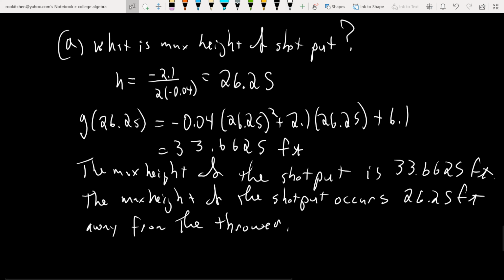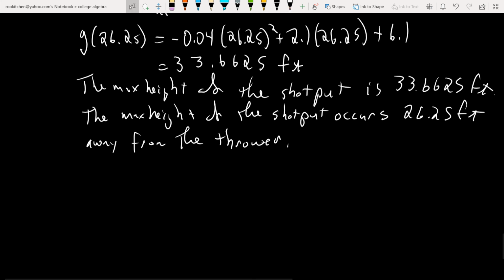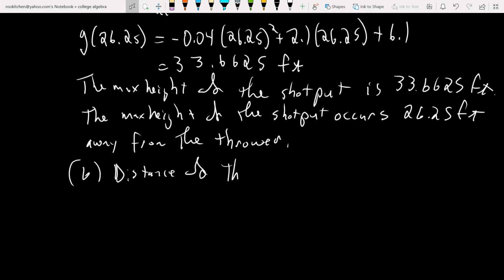Okay, what's next? Next they want to know the distance of the throw. So if you think about this visually, we have a sad face scenario going on, and the vertex is at 26.25, 33.66, so it's in the first quadrant. Okay, so our vertex is out here somewhere, and it's an upside down parabola, right? It's a sad face.